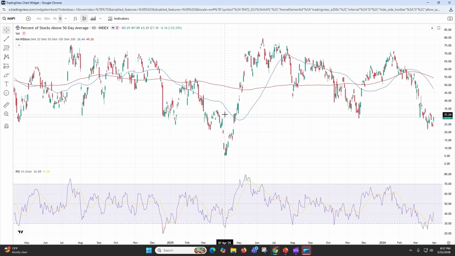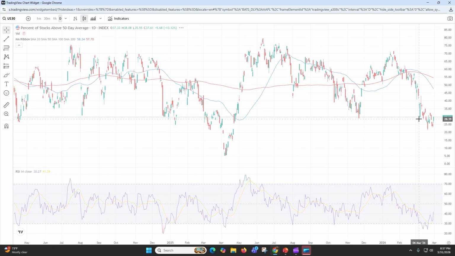You saw that a little bit more extreme. It got down to 5 in April of 2025. You have another little January move. You have the August 24 move. You have the April 24 move. Okay, so just a quick peek. Things were oversold at a broad scale, and you can use something like this to determine that.